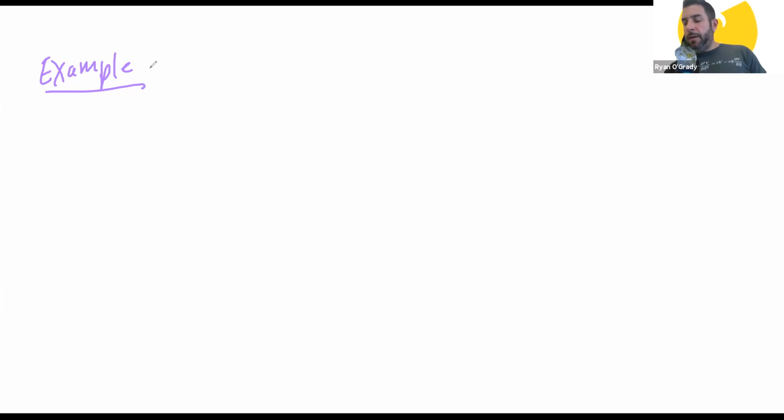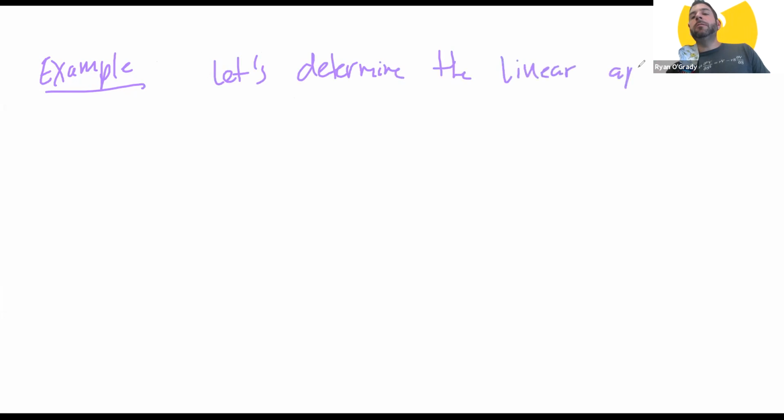All right. So anyhow, let's determine the linear approximation of f of x equals the cubed root of x. And I'm going to do it at the point (64, 4).